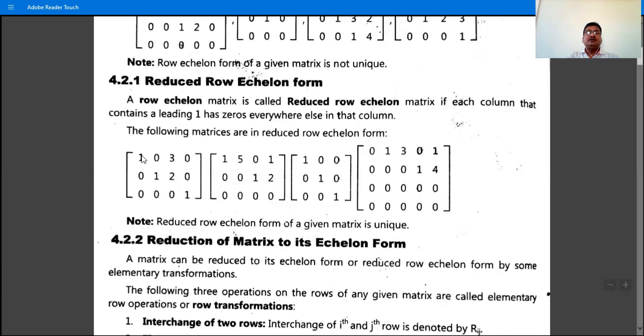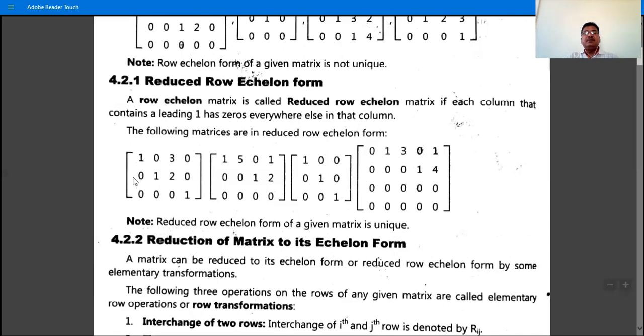If you observe this matrix, first, this matrix is in row echelon form because all three conditions are satisfied: every non-zero row starts with a leading 1, and the leading one of a lower row is to the right of the leading one of the upper row. And this condition is also satisfied, that each column that contains a leading one has zeros everywhere else in that column.